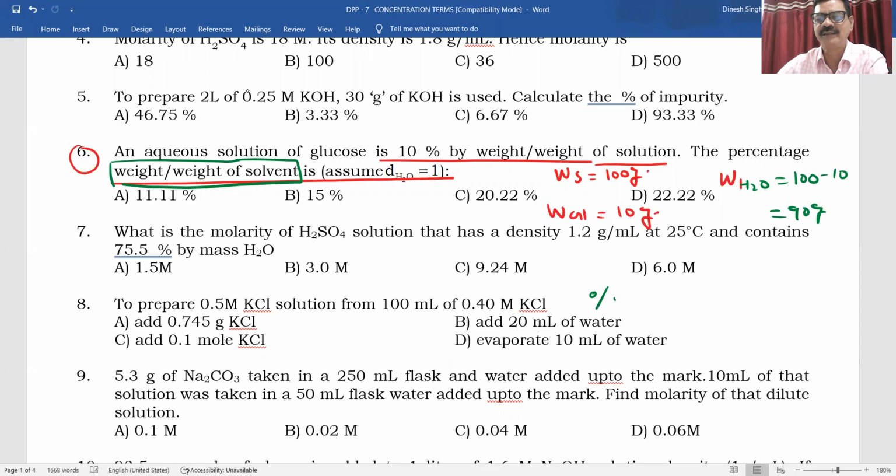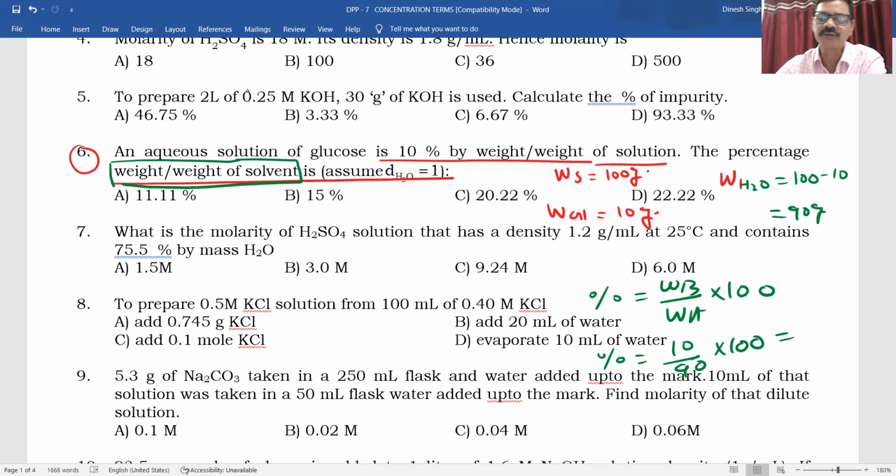So now we can make the formula: WB upon WA into 100 is what he is asking. So this percent will become equal to WB is 10, WA is 90, into 100.